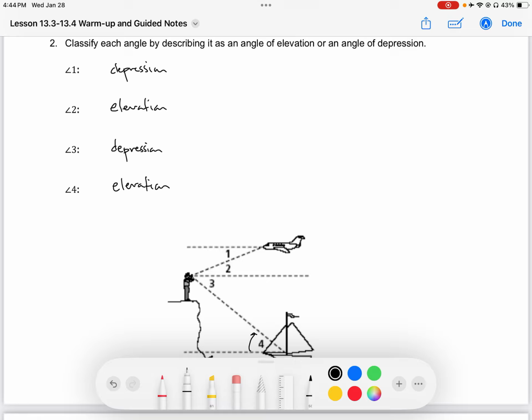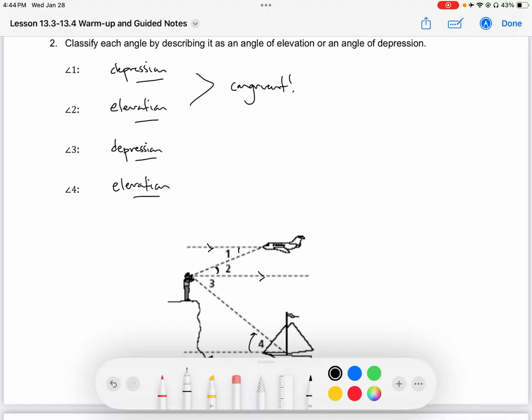Now, there are some things that you may notice are congruent here based on what we know about parallel lines. These horizontal lines are parallel, right? So angle one and angle two, those are alternate interior angles. So in this case, these angles are congruent, and that can be useful when you're drawing pictures.